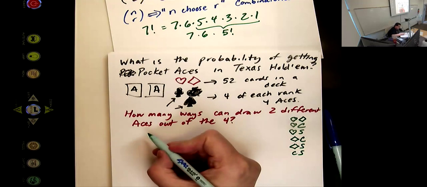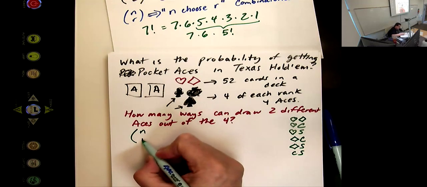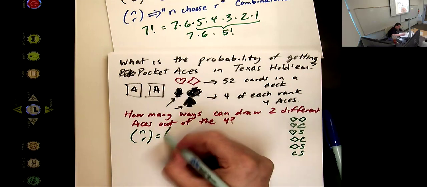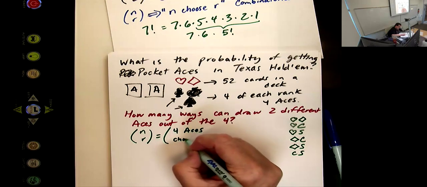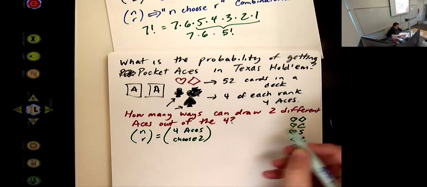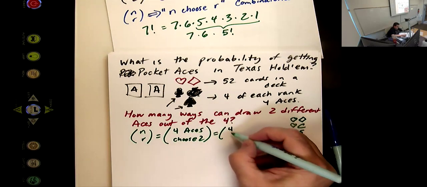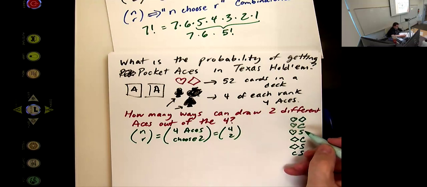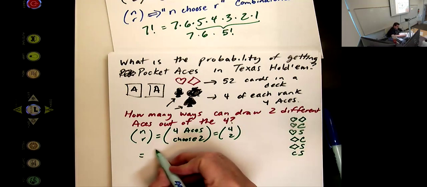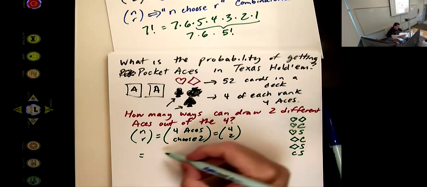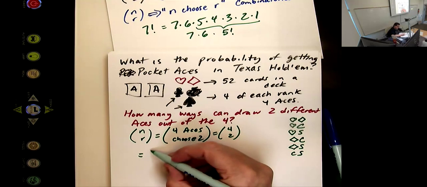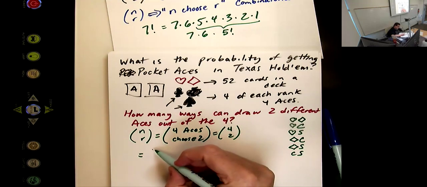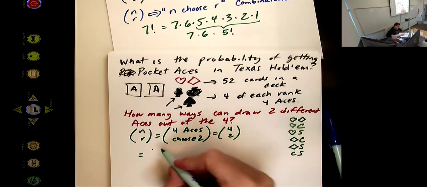So it turns out N choose R, there are 4 aces and we are choosing 2 aces. So we're doing 4 choose 2. So this will be total number of pocket aces. Total ways of making pocket aces.